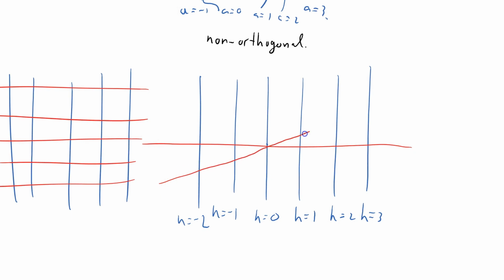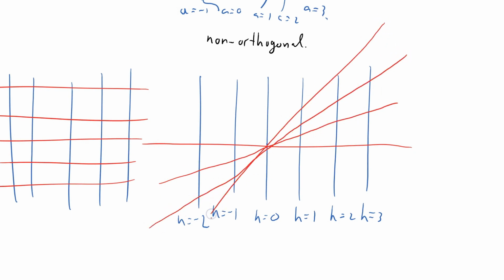I've also got difficulty drawing it accurately, but I'll do my best. There it is. And that's, of course, theta equals 0. Theta equals, looks to be about pi by 3. That's pi by 2. Sorry, that's pi by 6. That's pi by 4. And so forth. Theta is increasing in this direction.